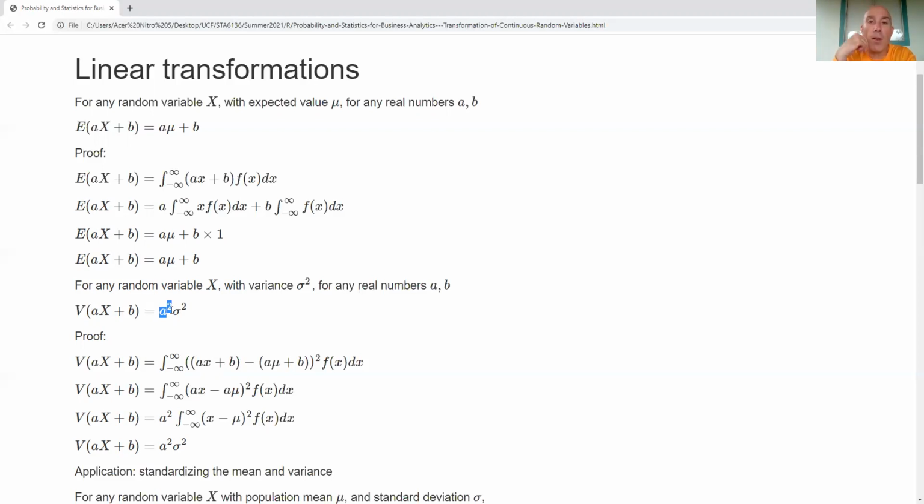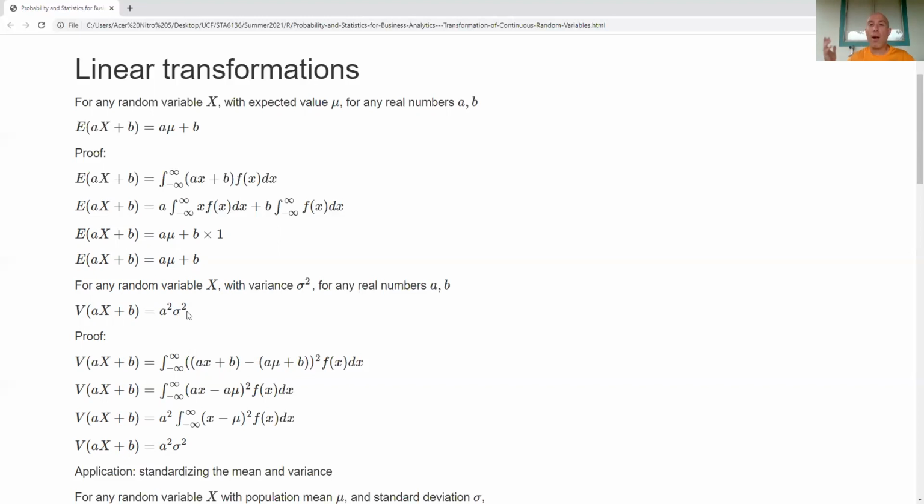It's not on the same scale as the original data. So if I'm concerned with standard deviation, the standard deviation of the transformed random variable is going to be the absolute value of a, because we take a square root of something squared, times the standard deviation of the random variable.